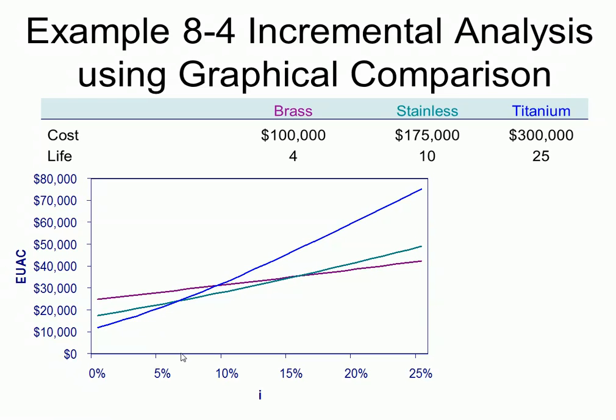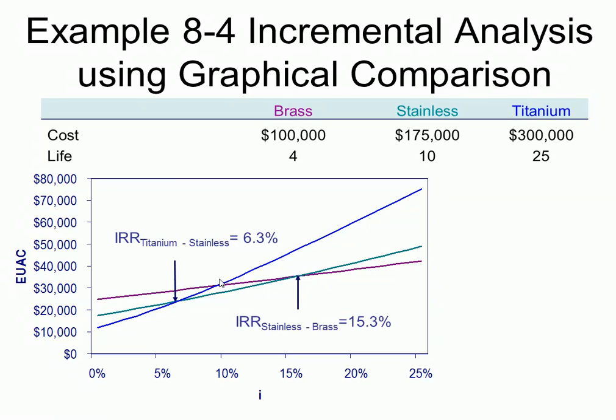So choosing between titanium, which is a higher cost, and stainless, which is a lower cost in this case. So in fact, this is 6.3%. It's the incremental internal rate of return between titanium and stainless options, with titanium being the higher initial cost, stainless being lower. Right here, that's stainless versus brass. So stainless here is a higher initial cost, because brass is lower in initial cost than stainless, and that's 15.3%.